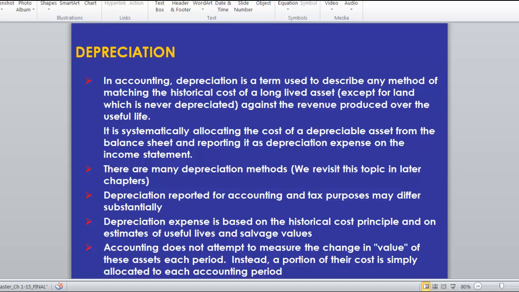Okay, so it's a process of matching that historical cost against the revenue produced by that unit over its useful life. So if we purchased a piece of equipment, for example, and it's going to help us make dry erase markers, let's say we make and sell dry erase markers.